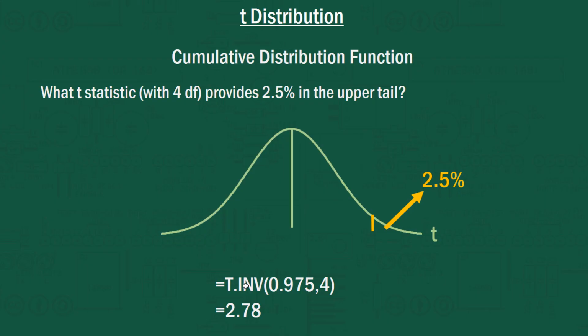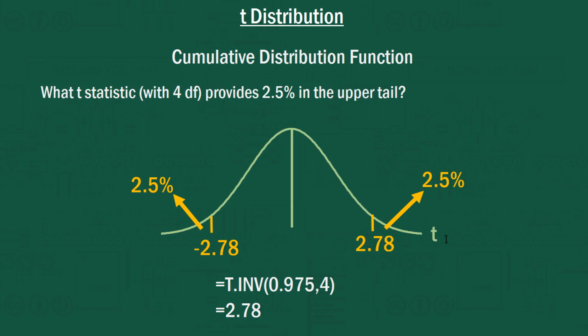Now here we use the t.inv function in Excel, which requires us to tell it what CDF we require and the number of degrees of freedom. So in this case, we put in 0.975 here, because if there's 2.5% in the upper tail, there's 97.5% below that particular point, right? So t.inv will provide us with the answer here, giving us 2.78. So the t-statistic of 2.78 relates to the point above which lies 2.5%.